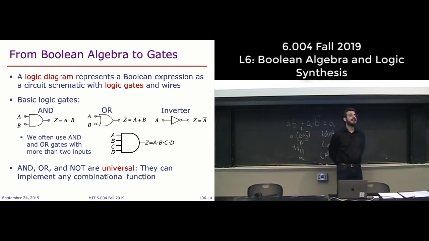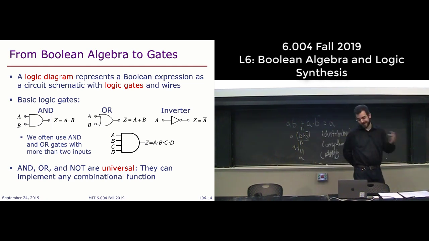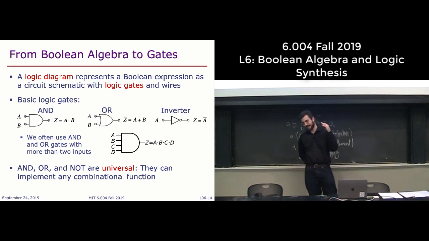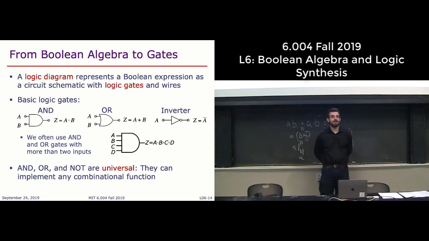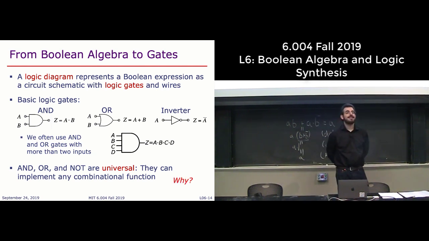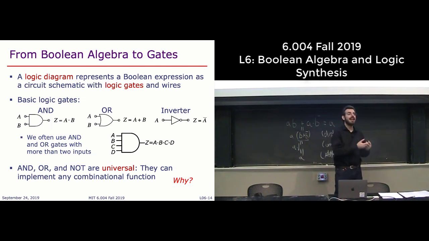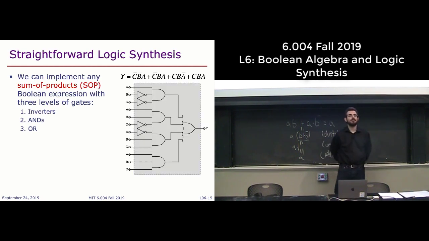Now, why that is the case goes into the equivalence between truth tables and Boolean expressions. So let's see it in more detail, right? We can just see this by constructing a way to turn any Boolean expression into a circuit that has AND, OR, and NOT gates, right?